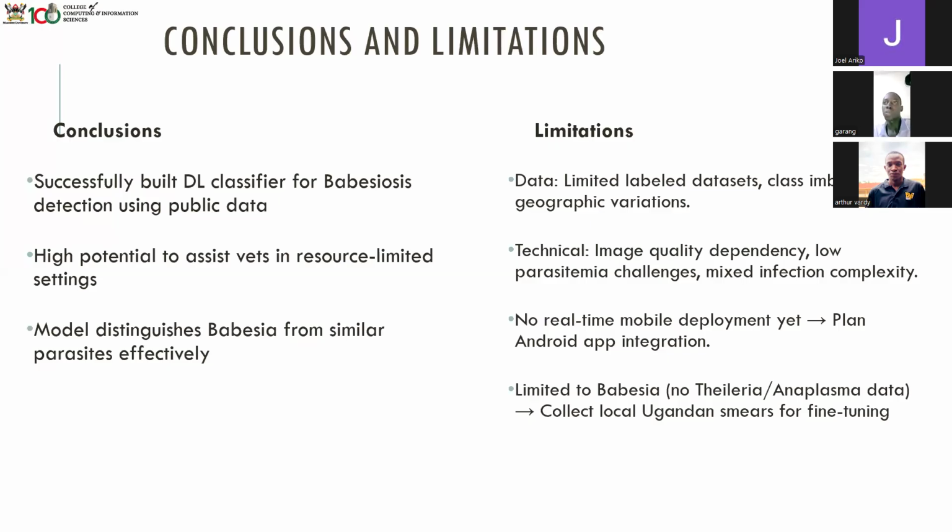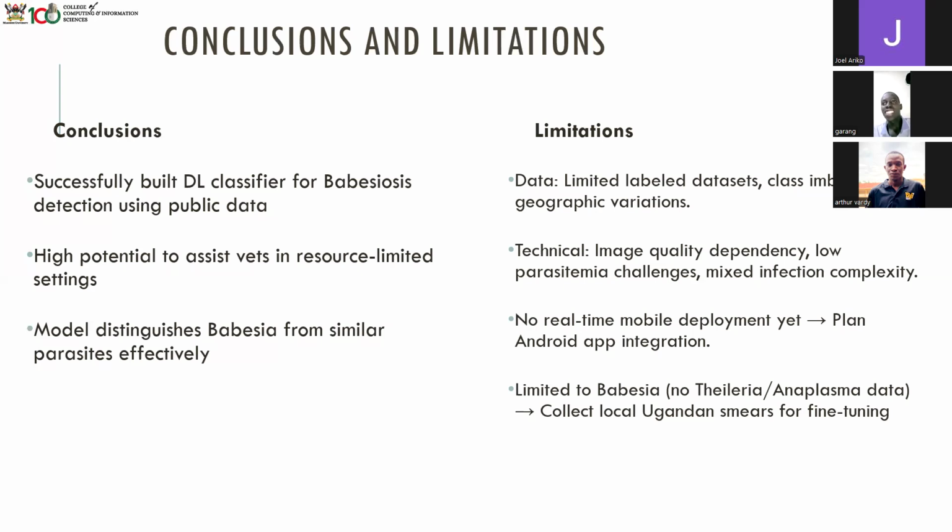Limitations, we have limited labeled data sets, class imbalance, geographical variations. As we saw from the data sets, we have a lot of data on one part or one class, and the other classes have limited data.